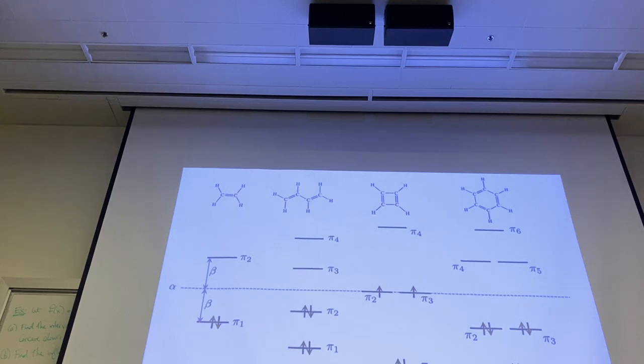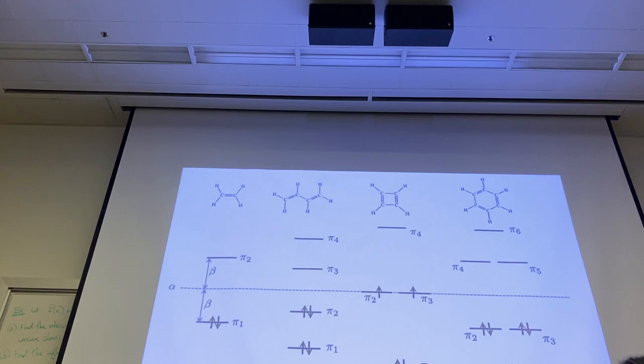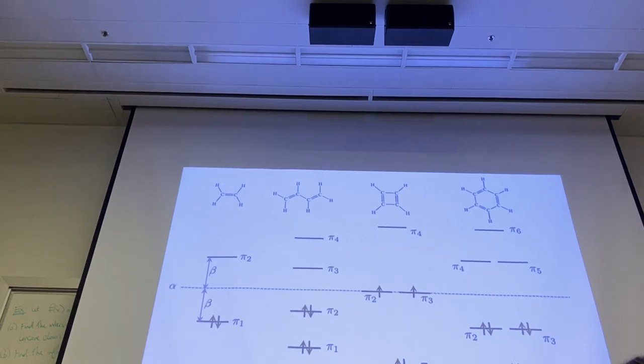Okay, we find 6 alpha plus 8 beta. If you look at the structure, you see basically you have 3 double bonds. It behaves as a structure of 3 double bonds. I can compare that with the energy of the ethene molecule, which is 1 double bond. And so I multiply the ethene molecule with a factor of 3, which gives me 6 alpha plus 6 beta. And I notice that I have an extra 2 beta, which is my stabilization energy.